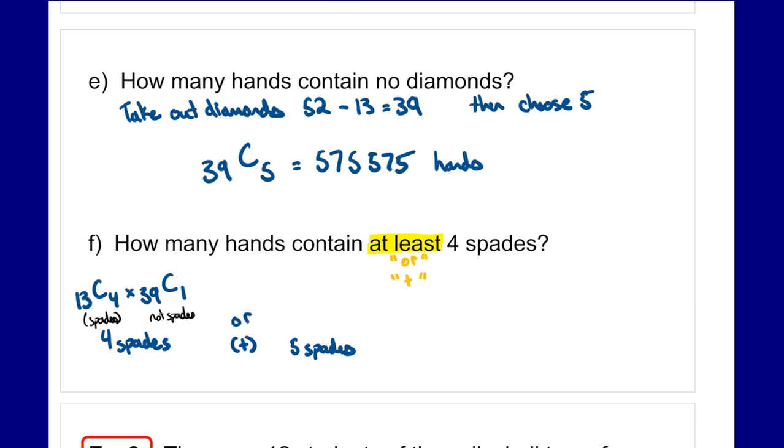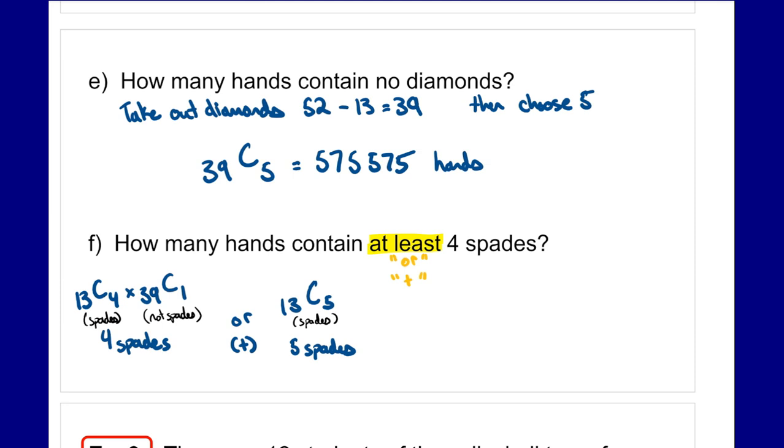So it's a little bit of a combination of indirect and the multiplying. So 13 choose 4 times 39 choose 1, plus the other case, which is 13 spades choosing 5 of them, because there's 5 spades in the hand. There's only five cards in the hand anyways, so there's nothing else.